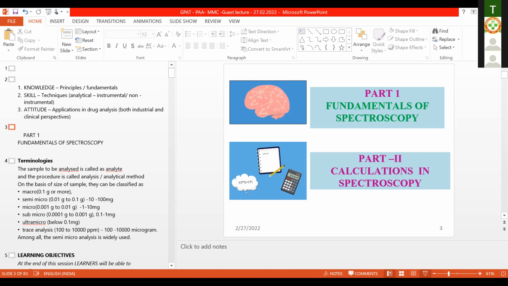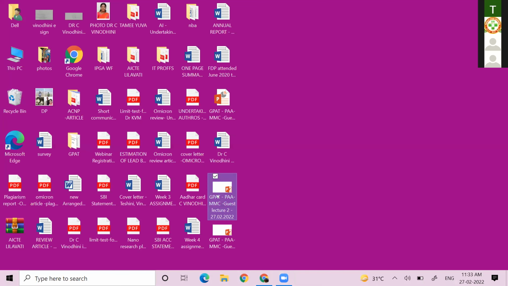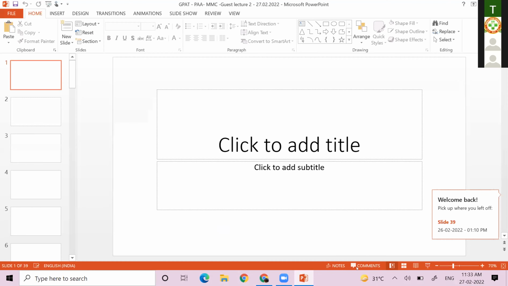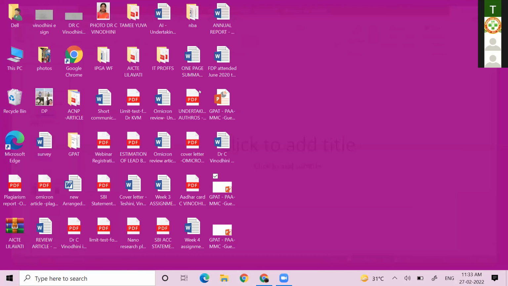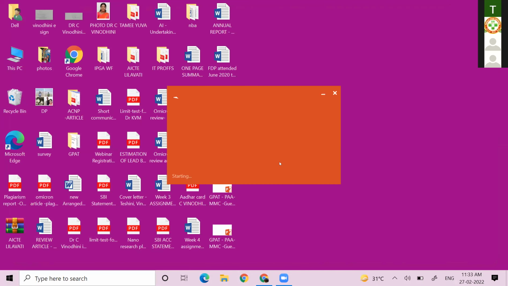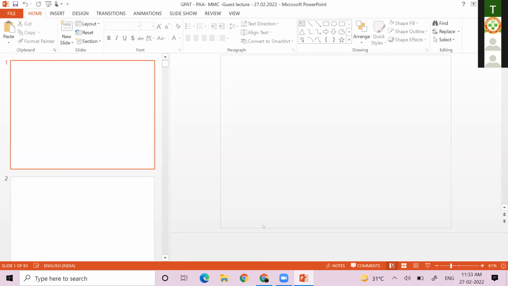But it's not on slideshow mode, it's on single screen mode. I'm sorry for this.